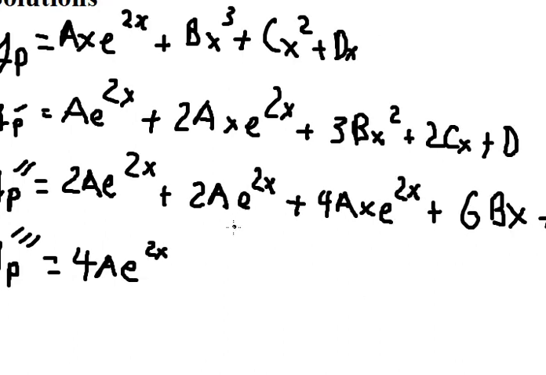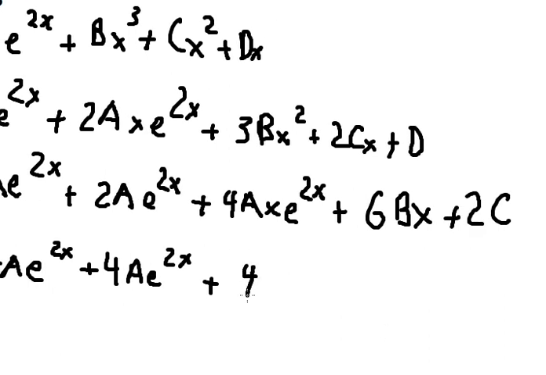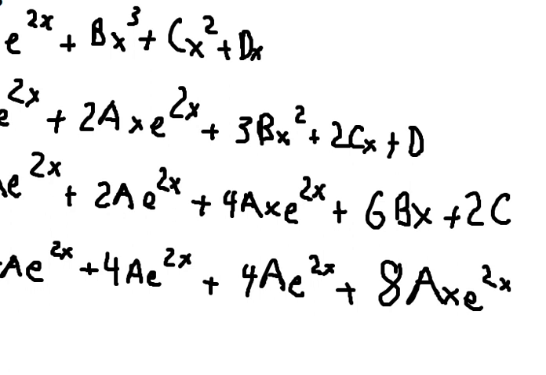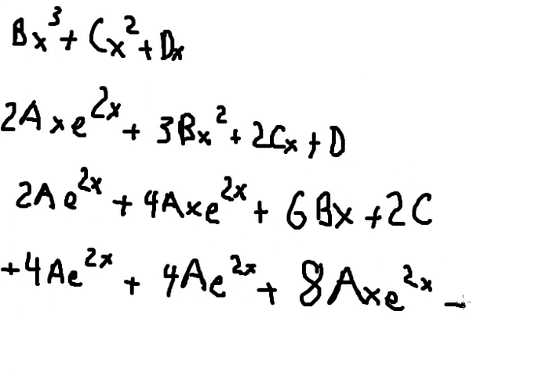So we can see that this one repeats again. So that is 4a e to the power of 2s. This one is 4a e to the power of 2s. This one is 8a s e to the power of 2s. This one is 6b. This one is the constant, so you got number 0.